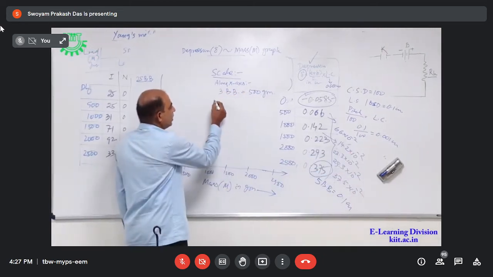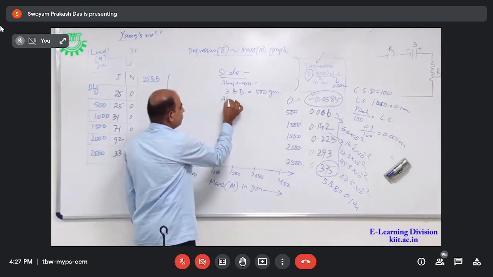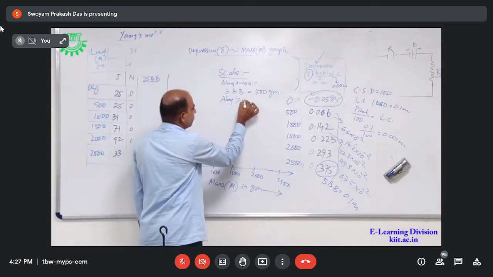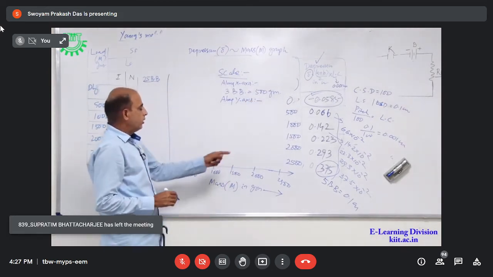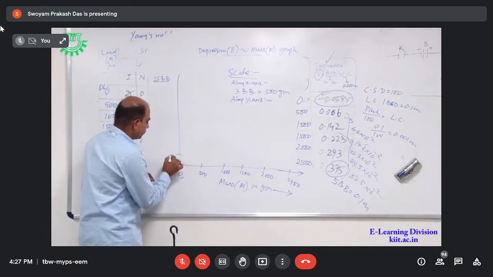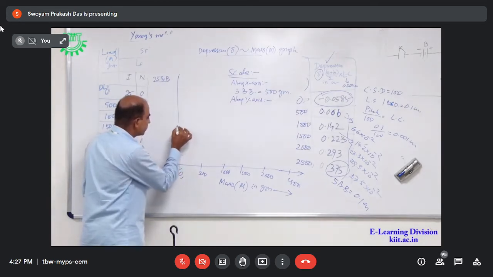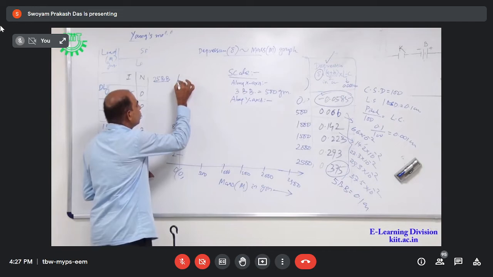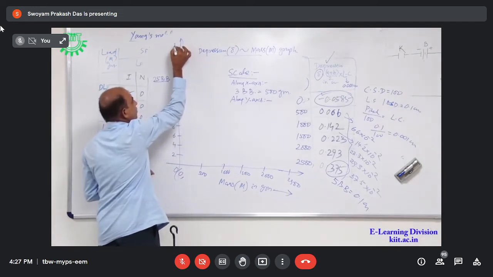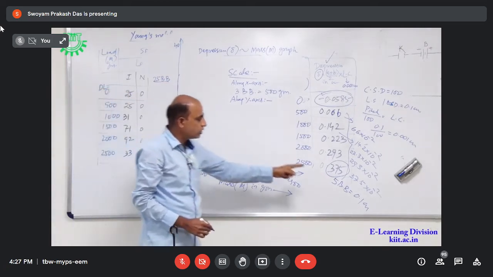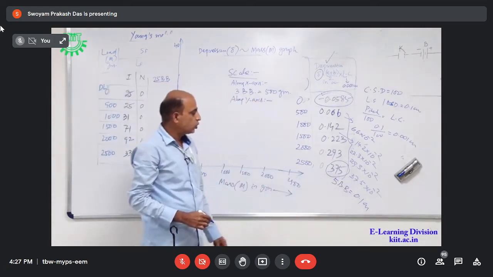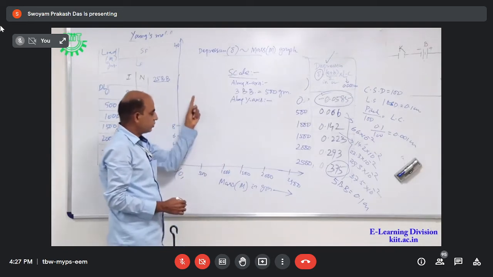So along the y-axis we may write this. If we choose the scale, one big box, we can start here 2, 4, 6, 8. In this way, we will go up to 40, because we will use 20 big boxes, and our last value is 37.5, so we can take up to 40.